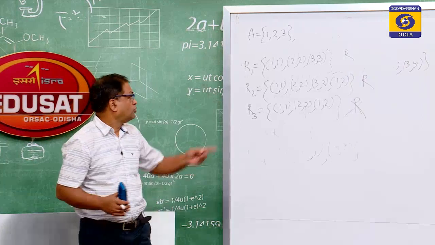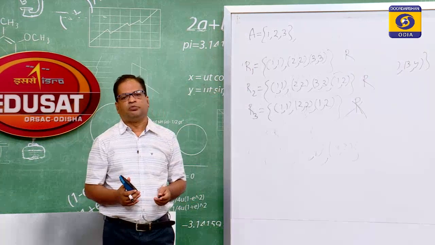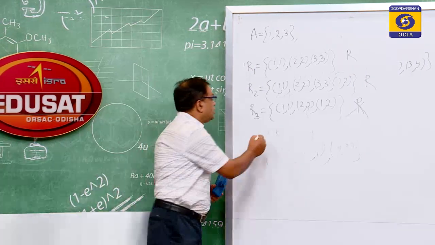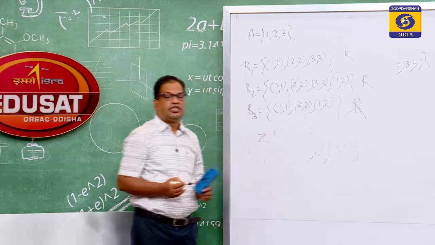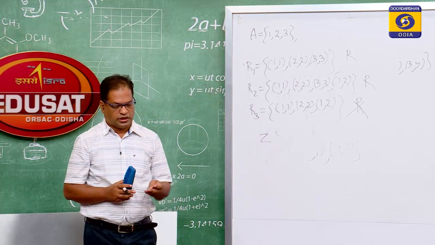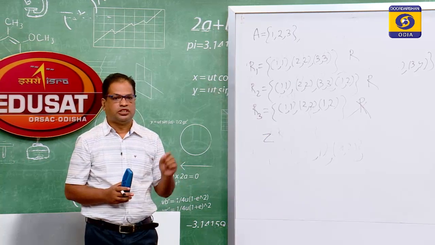Next, suppose now A is an infinite set. Suppose we consider the infinite set of integers Z and we take the relation is equal to: every integer is equal to itself. So, 1 is equal to 1, 2 is equal to 2, 3 is equal to 3.